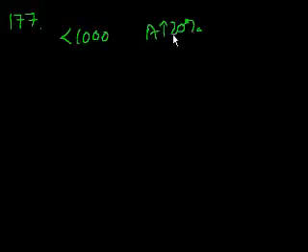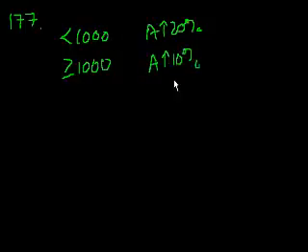A company accountant estimates that airfares next year for business trips of 1,000 miles or less will increase by 20%. So less than 1,000 miles, airfares next year are going to go up 20%. And for all other business trips will increase by 10%. So essentially greater than or equal to 1,000 miles, airfare is going to increase by 10%.